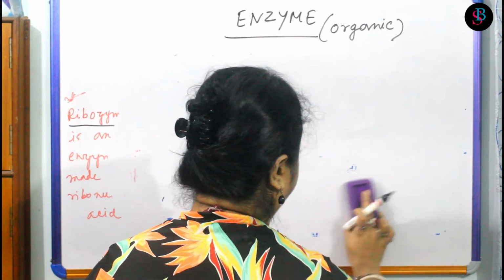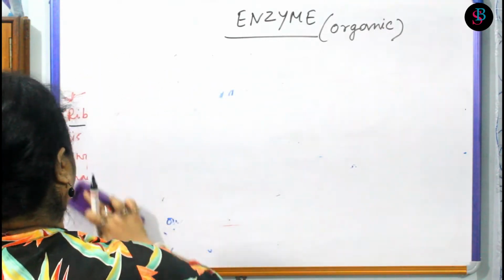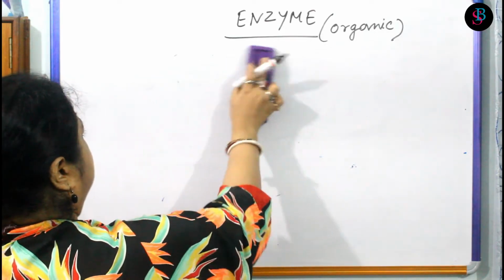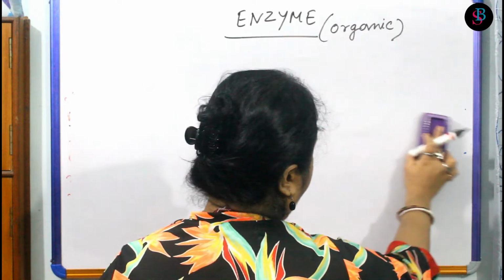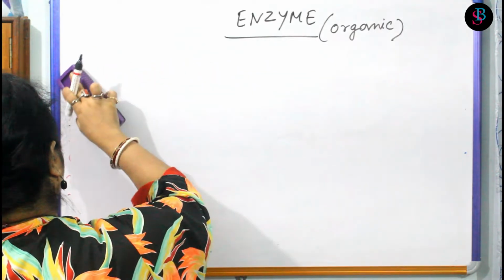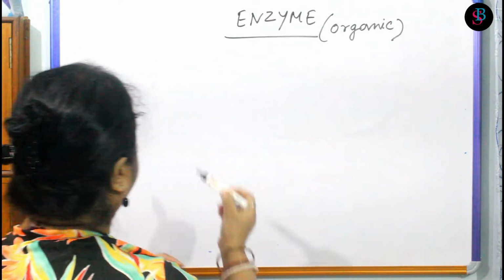In the next video, I shall give you the concept of the classification of enzyme, and this is the types of enzyme. Two types of enzymes are mostly noticed: one is simple enzyme and another is conjugated enzyme.